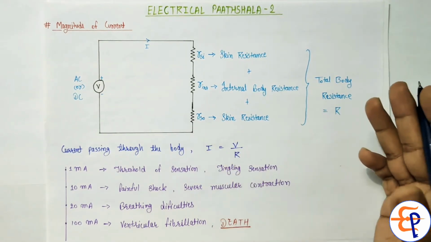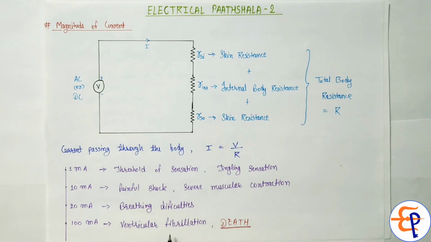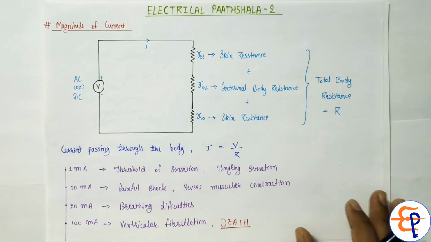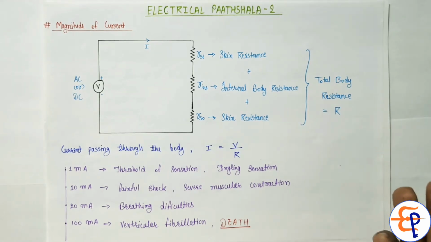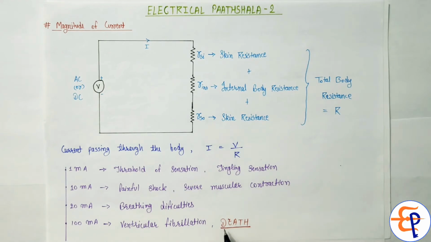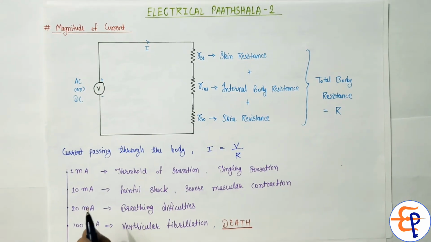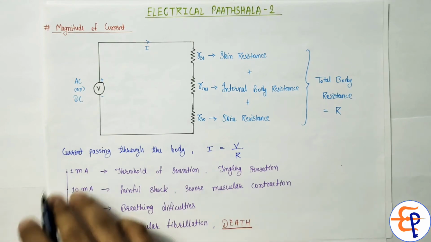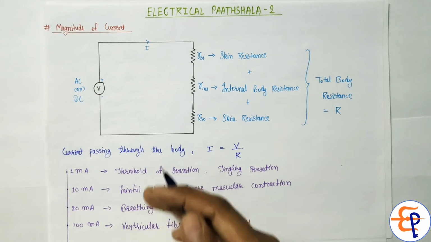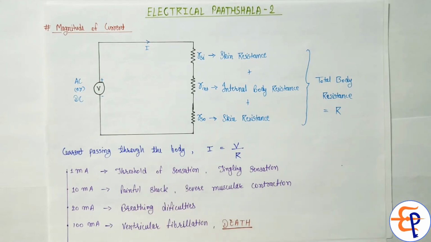It goes out of rhythm, which is known as ventricular fibrillation. And guys, in this situation, the person requires immediate medical help, or if he is not getting that medical help immediately, then this might also cause the death of that person. So current above 100 milliampere is almost always fatal. So guys, these are the current levels at which these effects occur in a human body.